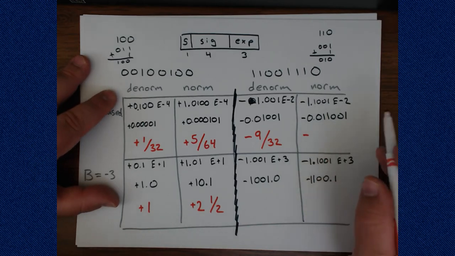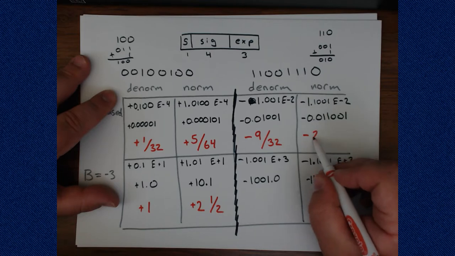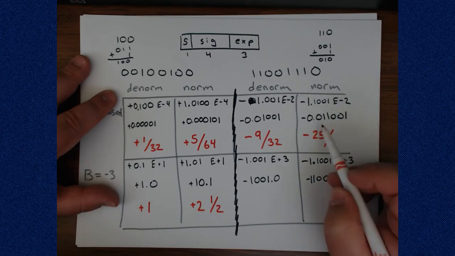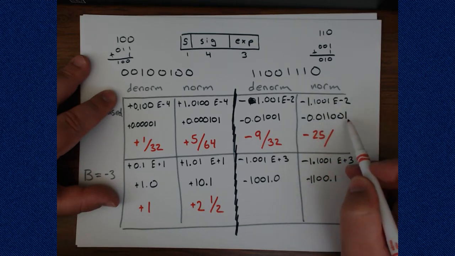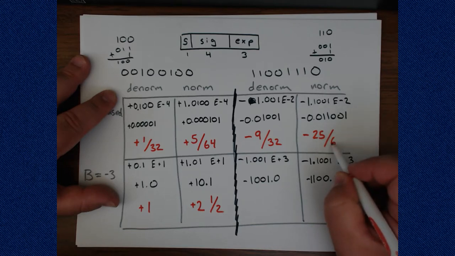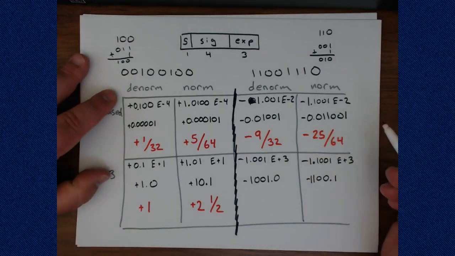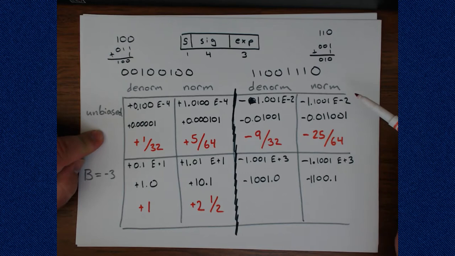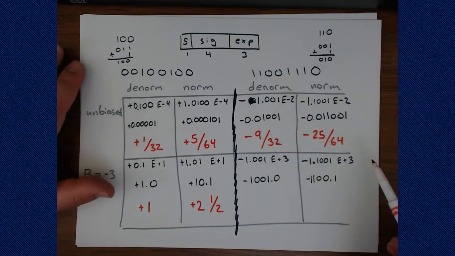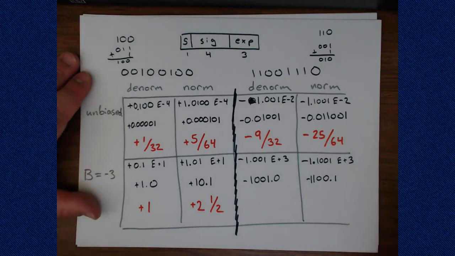So this is 25. So this is -25 out of 1, 2, 3, 4, 5, 6 bits. 2 to the 6 is 64. So in an unbiased normalized representation, this bit pattern is -25/64.